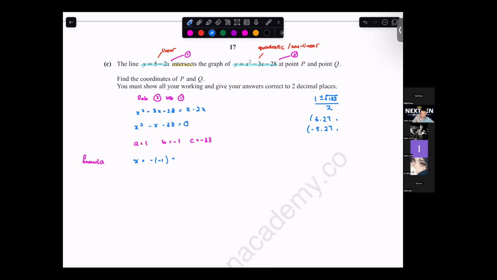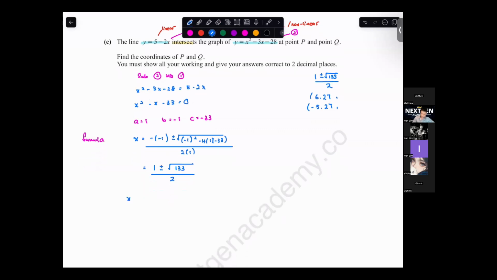So negative 1 plus minus square root of negative 1 squared minus 4ac over 2a, which gives 1 plus minus square root 133 over 2. Don't skip the steps, just write down all of this.